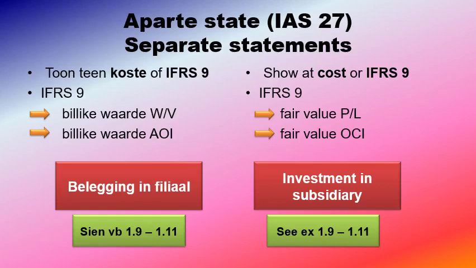You can look in your textbook examples 1.9 to 1.11, where there are a few journal entries to help you see what happens when you write these journal entries. I will do more examples on this and explain this in a little bit more detail later on. For now, this is what you need to know.